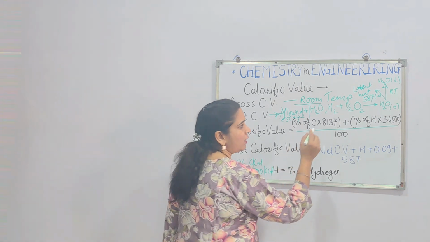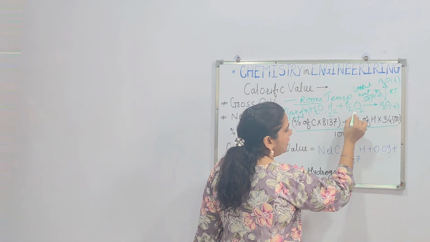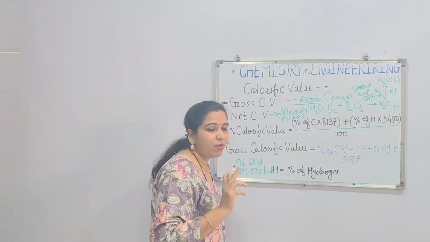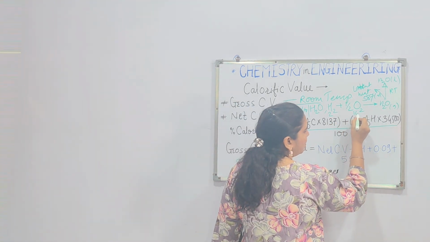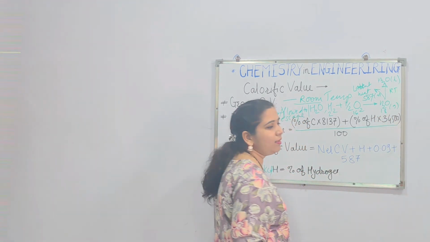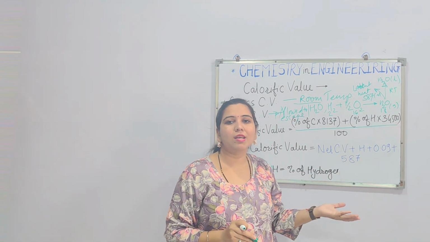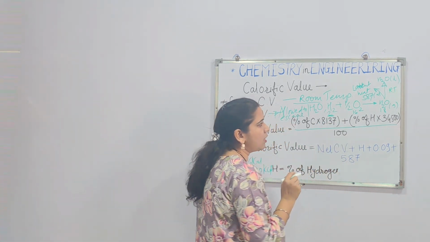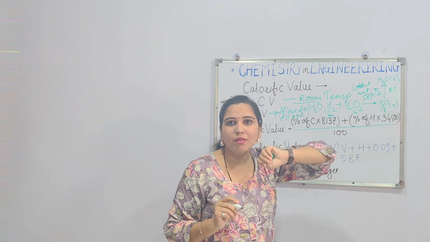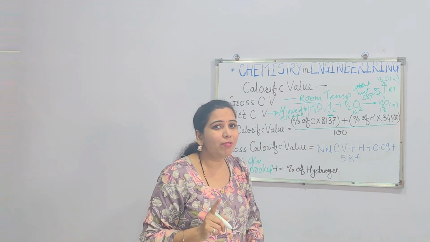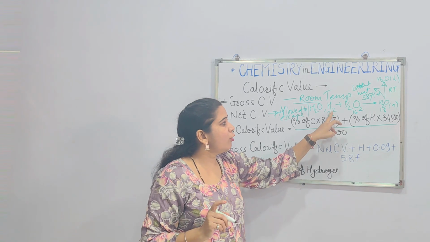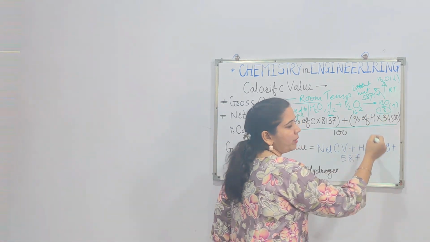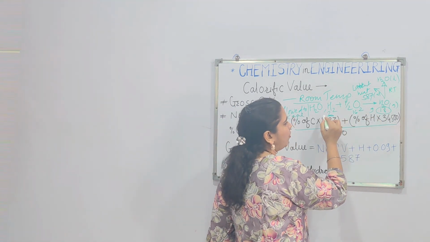If we take 2 gram of hydrogen, oxygen O2 has a molecular weight of 32, so O is 16, and there is a formation of H2O with molecular weight 18. So from this, 1 gram of hydrogen forms 9 gram of H2O.